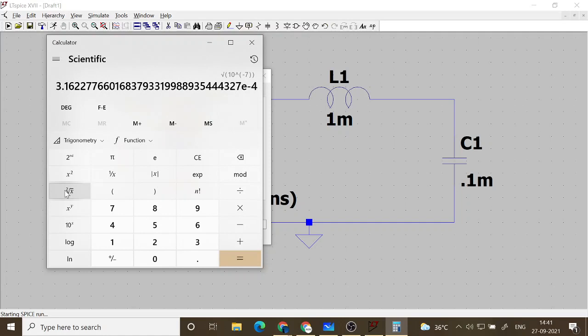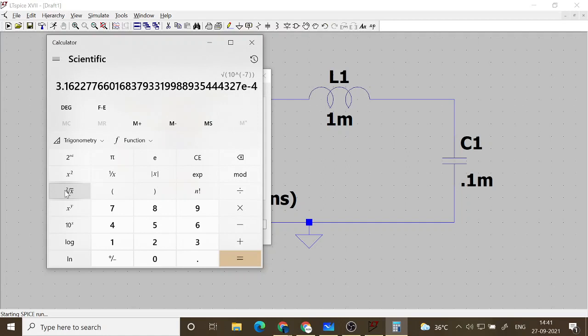Now T is basically 2 pi by omega. So that is 2 pi divided by 1 by root LC. So this is equal to 2 pi into root LC.